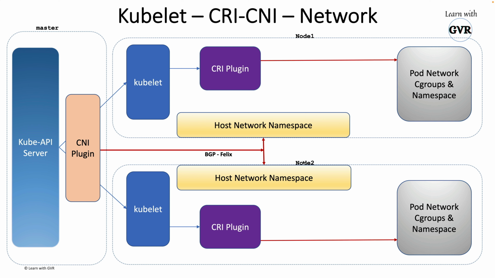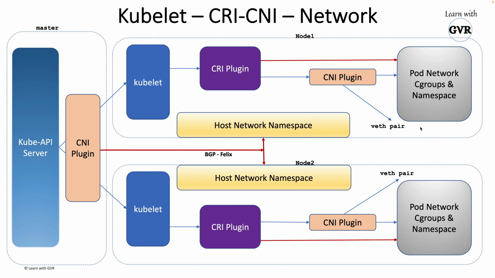This is number one. Number two, the CRI plugin also invokes the CNI plugin, which was installed during the cluster setup. This CNI plugin creates a network for this independently created pod network namespace and creates a virtual Ethernet pair between the host and the pod network namespace.